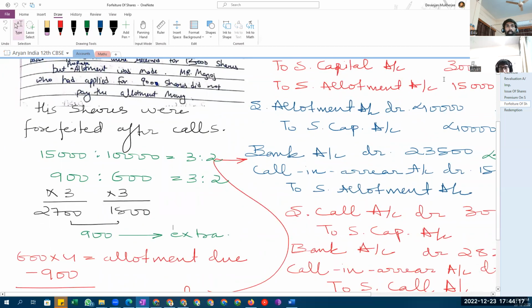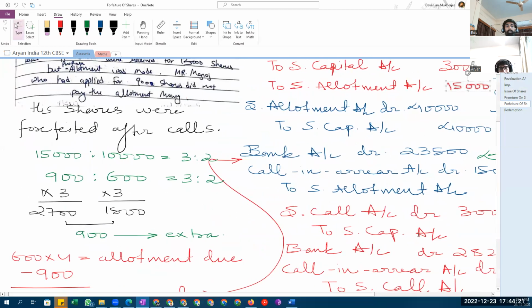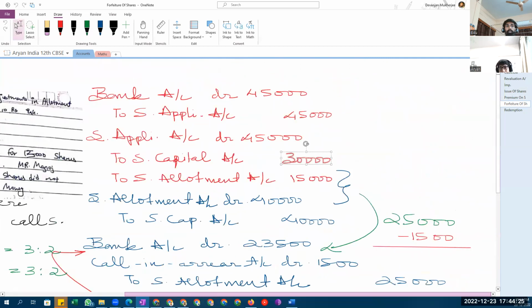Right, because the rest, 900, went into the advance. So we inserted only that amount of money, which is 600 into 3, which belongs to Mr. Manoj, into the capital here.